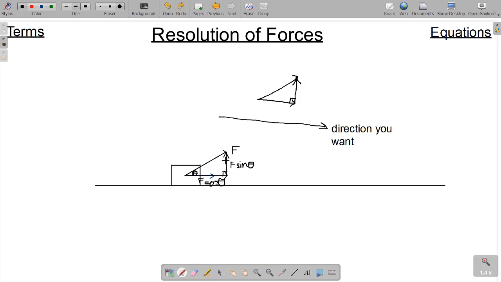You don't care about F sine theta. You can even increase F sine theta to some very high value, and your F cosine theta will still be the same, and your acceleration and work done will still be the same. But that's assuming there's no friction, because F sine theta, the vertical component, will affect your friction.